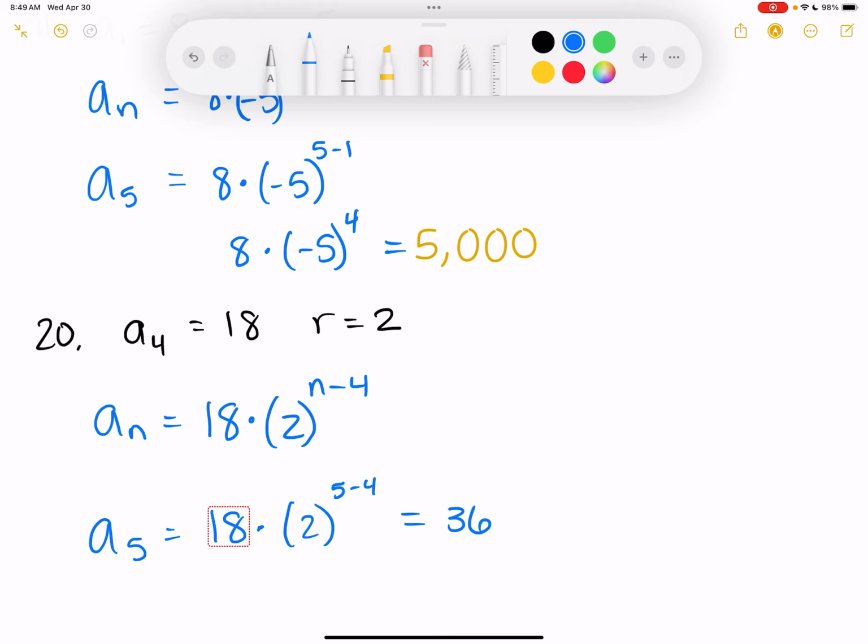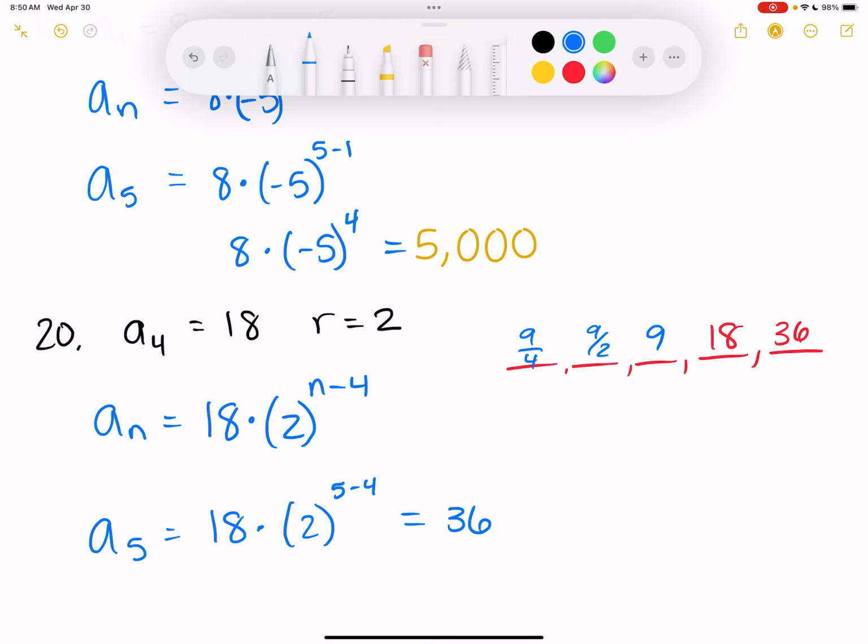Would that work? Sort of. So I can either just take 18 and divide it by 2. The fourth term is what they gave me, 18, and then I just found the fifth term is 36. I could just take 18 and divide it by 2, which would be 9. Divide this by 2, it would be 9 over 2. Divided by 2 again would be 9 over 4. I could do it that way.